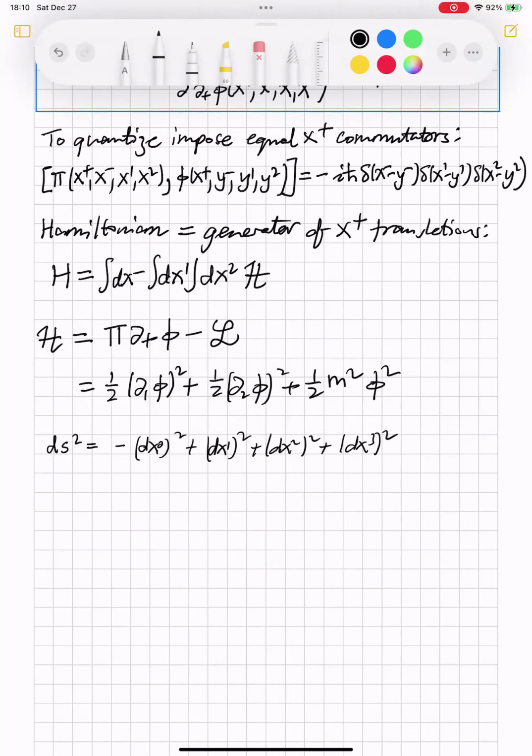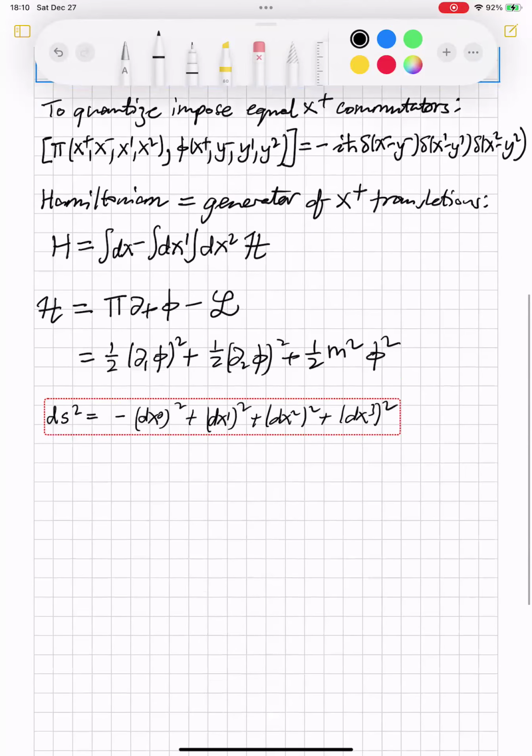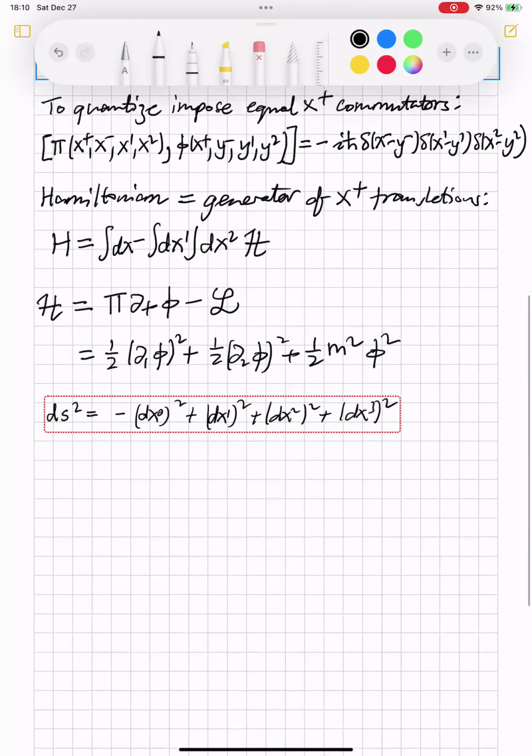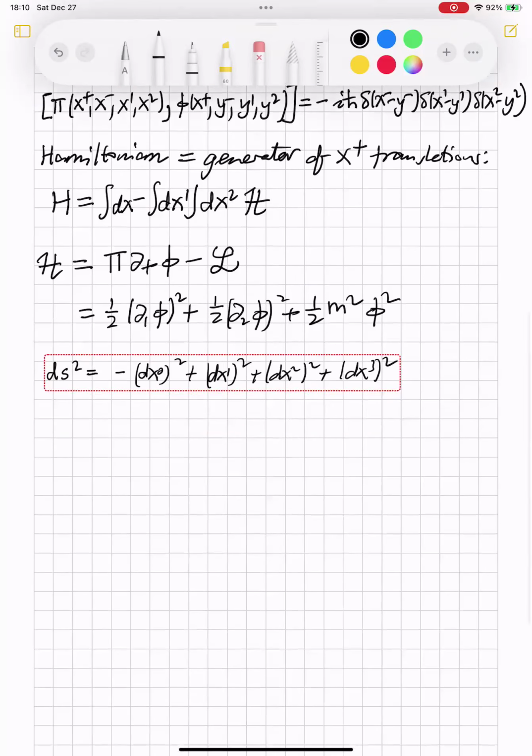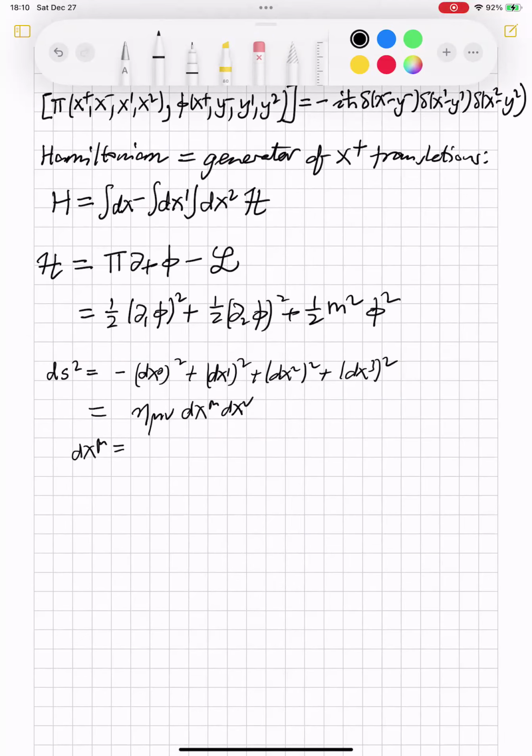So I've chosen here the mostly plus metric. You're very welcome to take the mostly minus metric if you want. And the way that we would write this is, we think about this as eta mu nu dx mu dx nu. And dx mu is nothing but the first component is dx naught, we've got a dx1, we've got a dx2, and we've got a dx3.